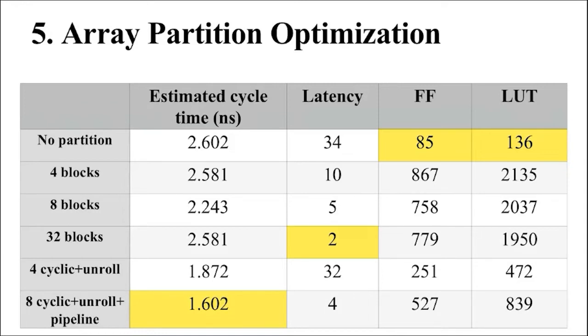If we cut the array fully, then the latency will be the minimal one. And the optimized one is cyclic and unrolling the loop. Then we get the minimal estimated cycle time here.